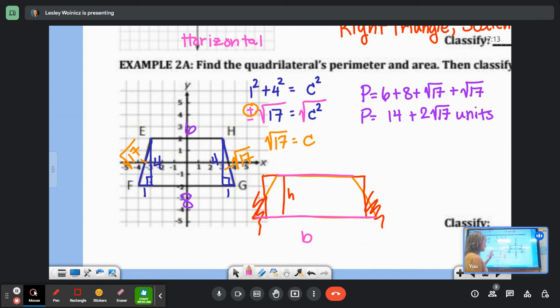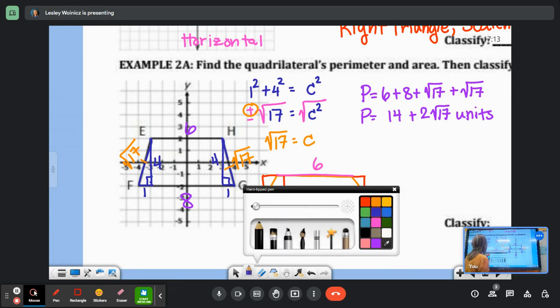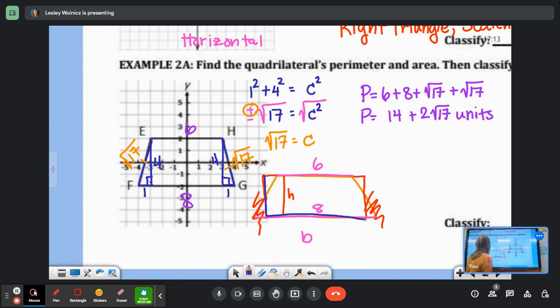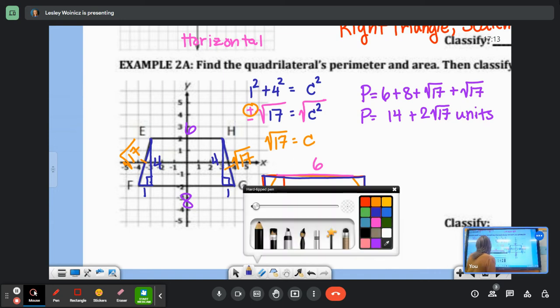For instance, if this one was 6 and this one was 8, then the base for the rectangle I made would be 7, because 7 is halfway in between 6 and 8. This is a trapezoid, by the way. That's where the area formula for a trapezoid comes from.